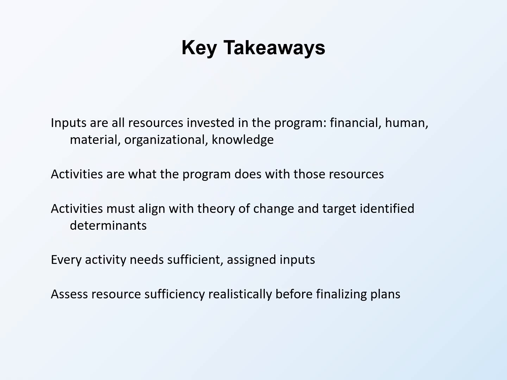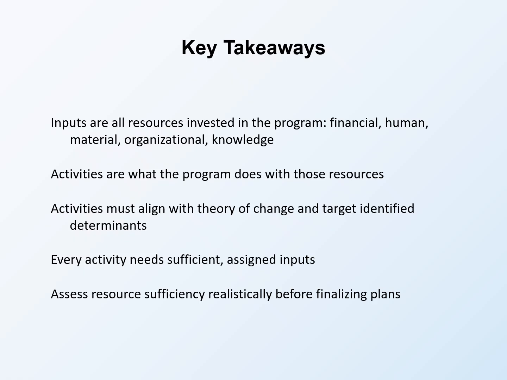Let's summarize our key takeaways. Inputs encompass all resources invested in the program: financial, human, material, organizational, and knowledge resources. Be thorough in cataloging them. Activities are what the program does with those resources. They should be specific, aligned with your theory of change, and targeted at identified determinants of the problem.